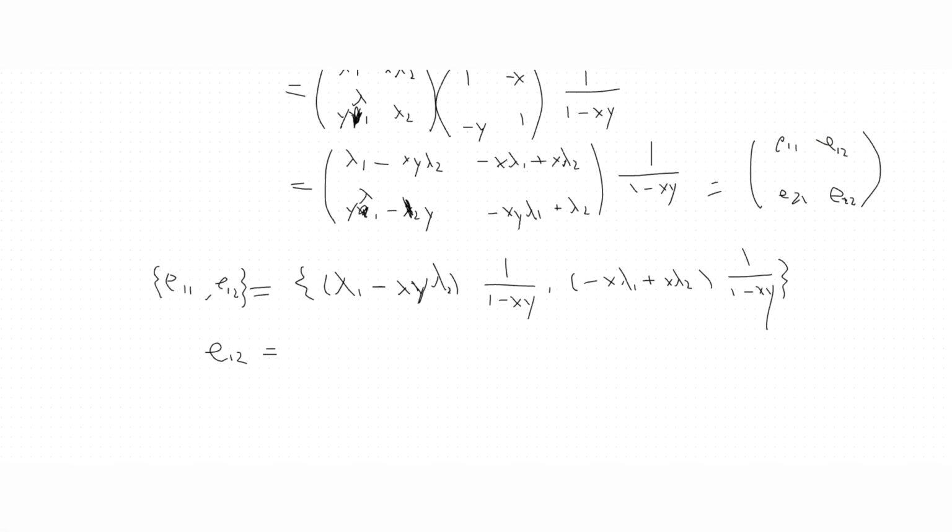Is it because we have this denominator? No, because it is equal to E12, which is something non-trivial. So it is not zero, because if it were zero, this Poisson bracket would be zero, but this Poisson bracket is equal to E12.